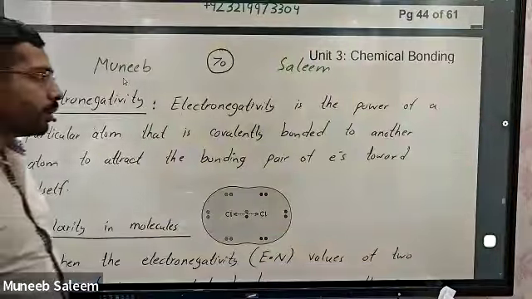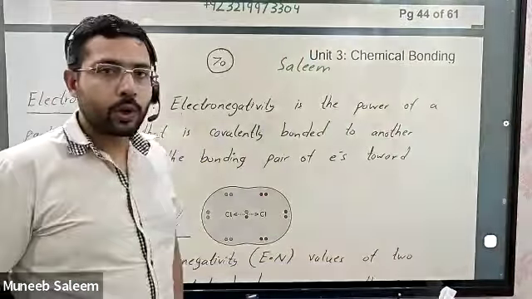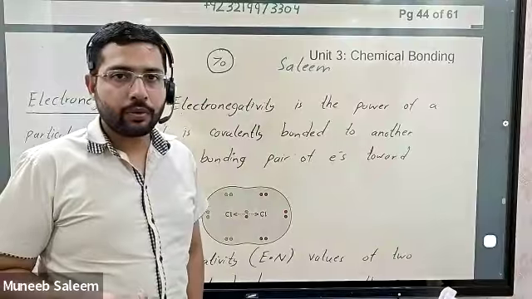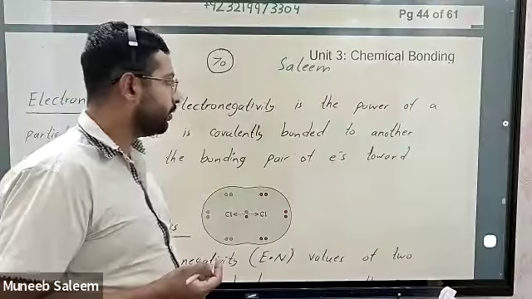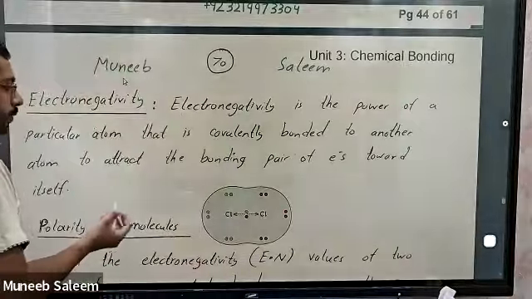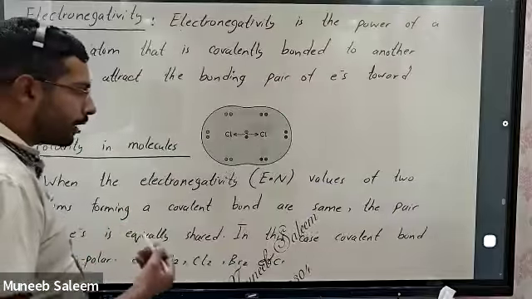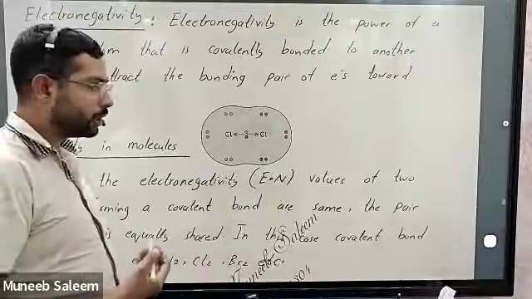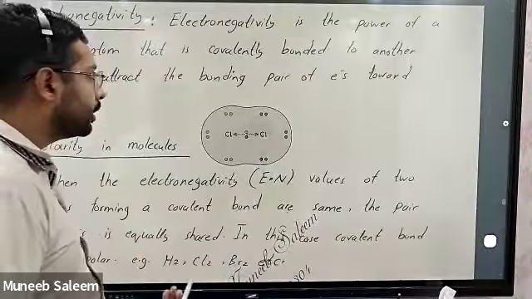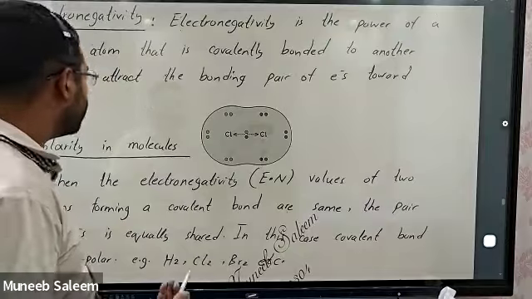It is the power of an element to attract the bonding pair of electrons in the covalent bond towards itself. So when one element attracts the electrons towards itself in the covalent bond, it is called the electronegativity of the element.